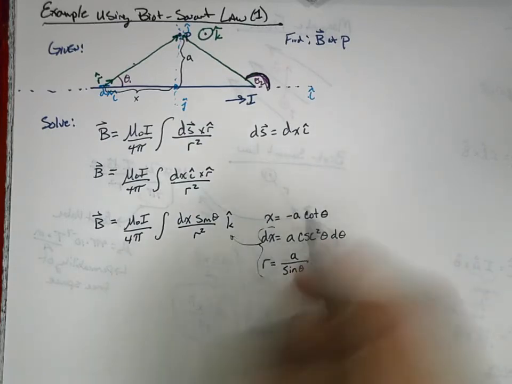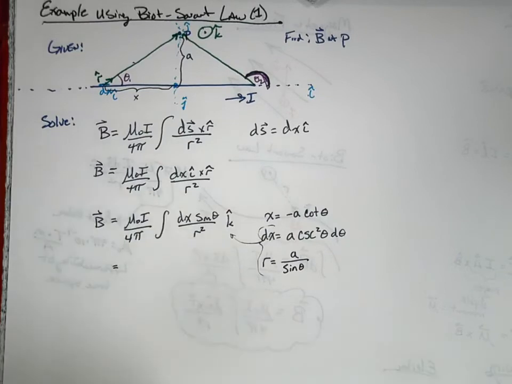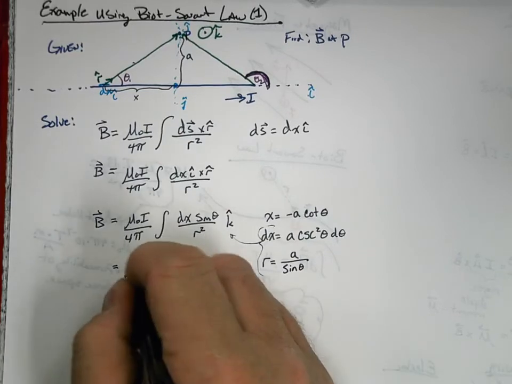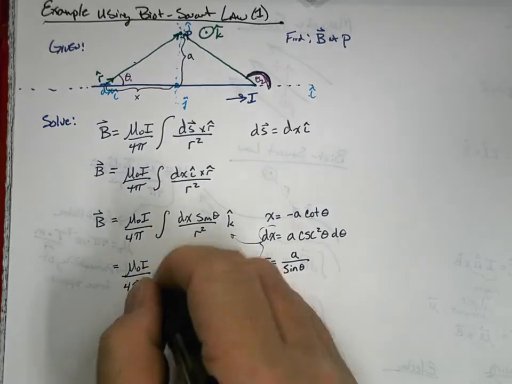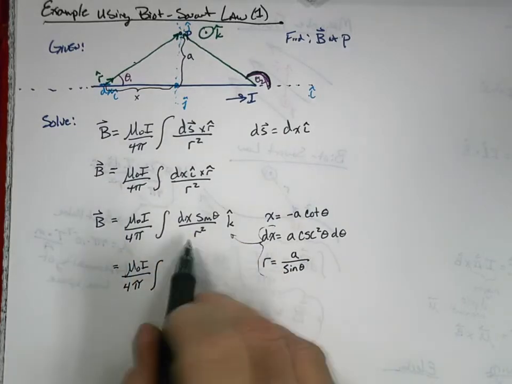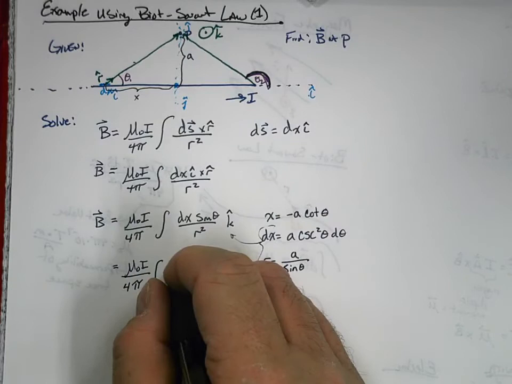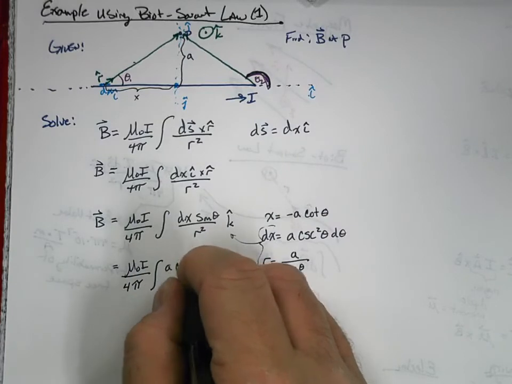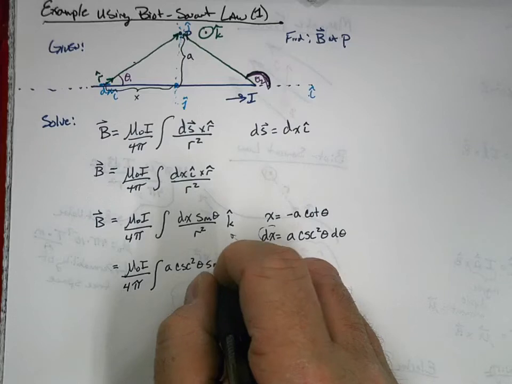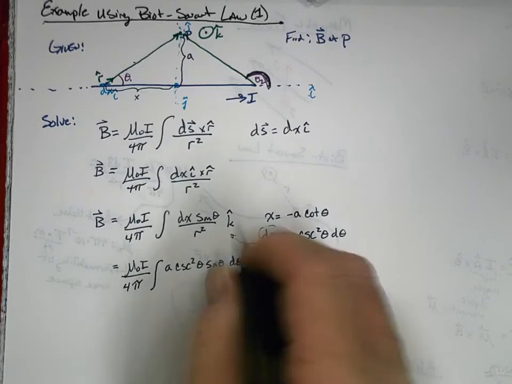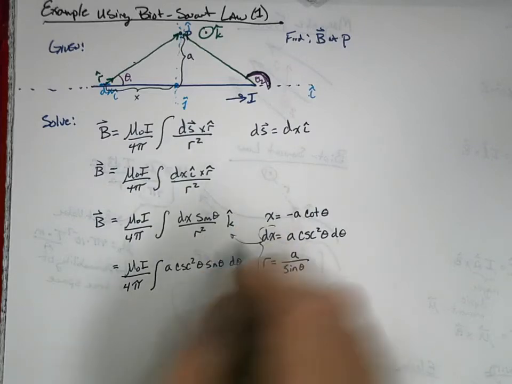So now we plug these into our equation, and we get something kind of cool here. It will be worth going through that pain. dx is now a cosecant squared theta d theta, and we have to bring in that sine theta.